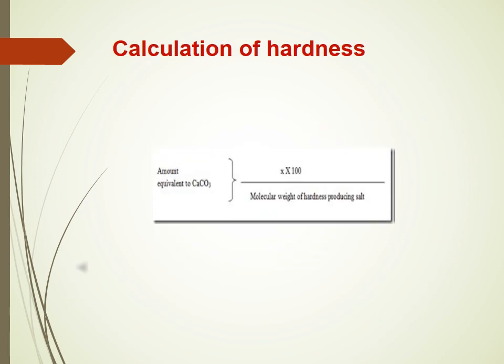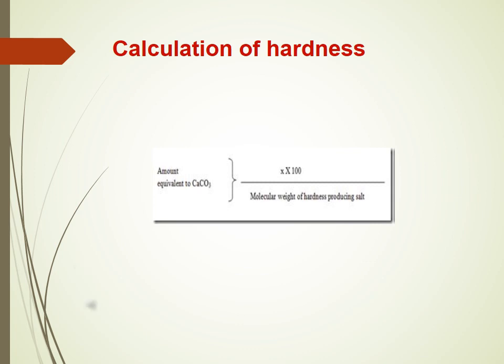Now, one very important thing in order to solve the numericals of hardness: always remember there are certain substances which do not contribute towards the hardness, and we have to ignore such impurities if they are given in the question. Such impurities are KCl, NaCl, SiO2, Na2SO4, Fe2O3, and lastly K2SO4.